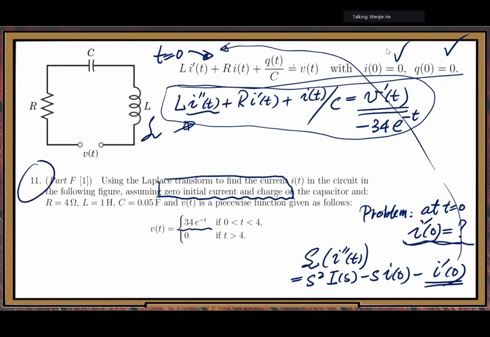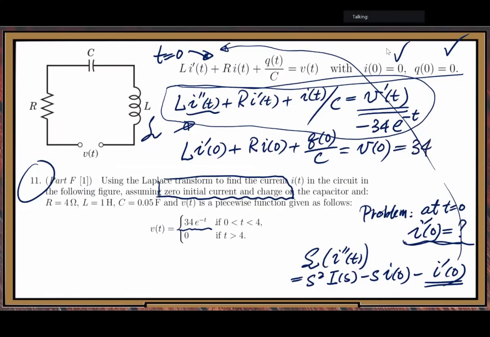Let me try. L times I prime of 0, plus R of I of 0, plus Q of 0 over C equals V of 0. What is V of 0? V of 0 is 34, right? We can look at the limit.